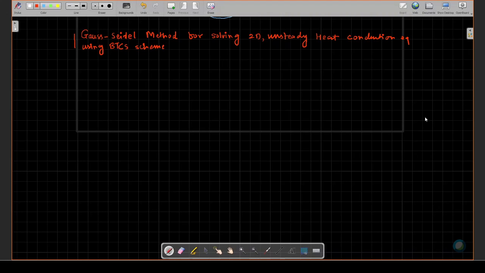So today's target is to see how the Gauss-Seidel algorithm can be used to solve the system of equations simultaneously. So that is our objective.